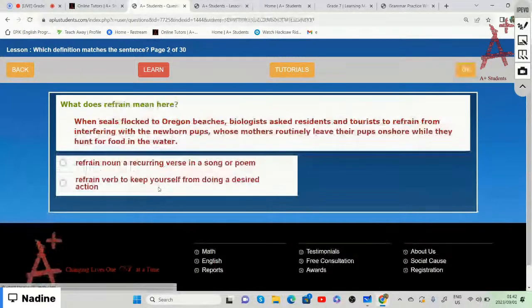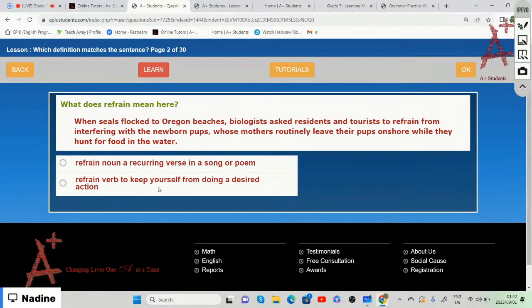What does refrain mean? When seals flocked to Oregon beaches, biologists asked residents and tourists to refrain from interfering with the newborn pups, whose mothers routinely leave the puppies on shore while they hunt for food in the morning.